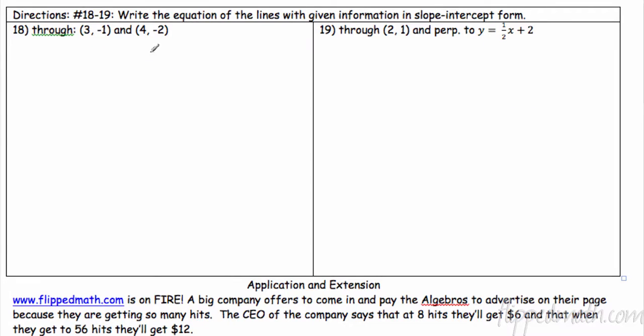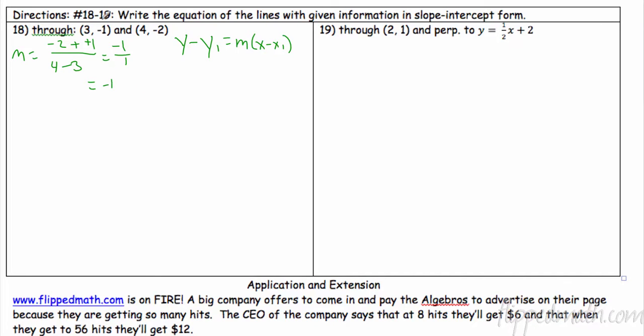We have write the equation of the line. All right, remember that new form, point-slope form? Y minus y1 equals m times x minus x1. So the first thing we need is a slope. So -2 minus -1, that's the same thing as -2 plus 1. And 4 minus 3, so that's -1 over 1, so our slope is -1.